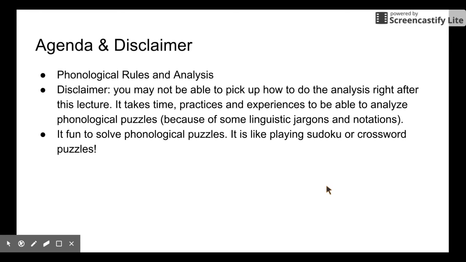There are other reasons as well because we are going to use some linguistic jargons and some specific notations. You have to be familiar with these to be able to do the analysis. However, it's fun to solve phonological puzzles. It's very similar to playing Sudoku or crossword puzzles.